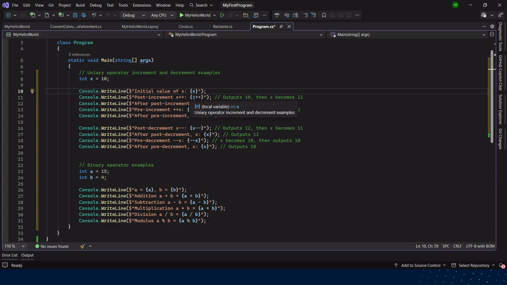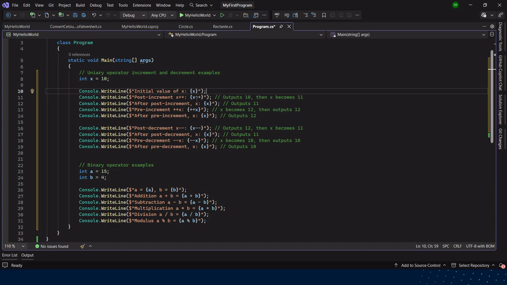The output will be 10 first, because x plus plus means it first prints, and then it will assign the value. We can say x is equal to x plus 1. So output will be 10 first, and then x becomes 11.